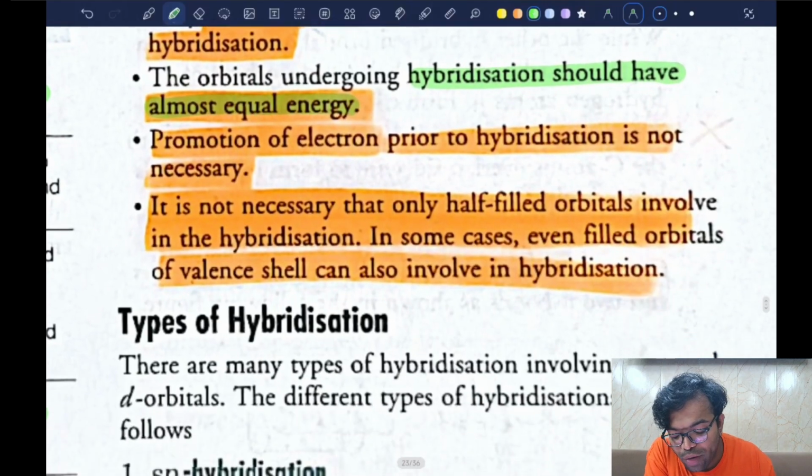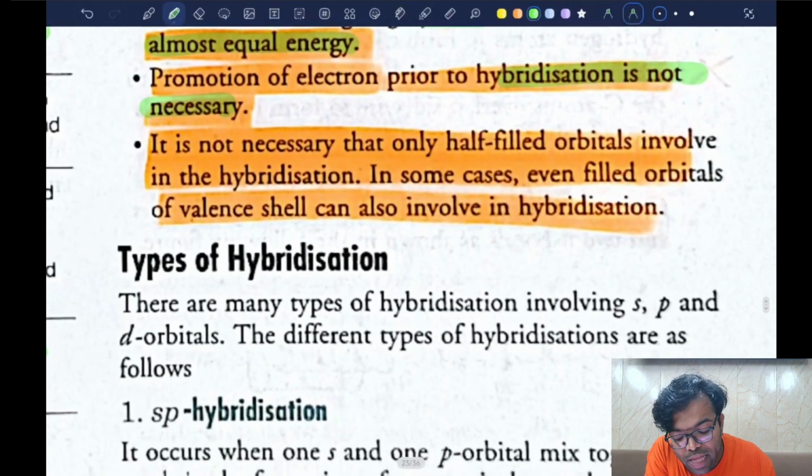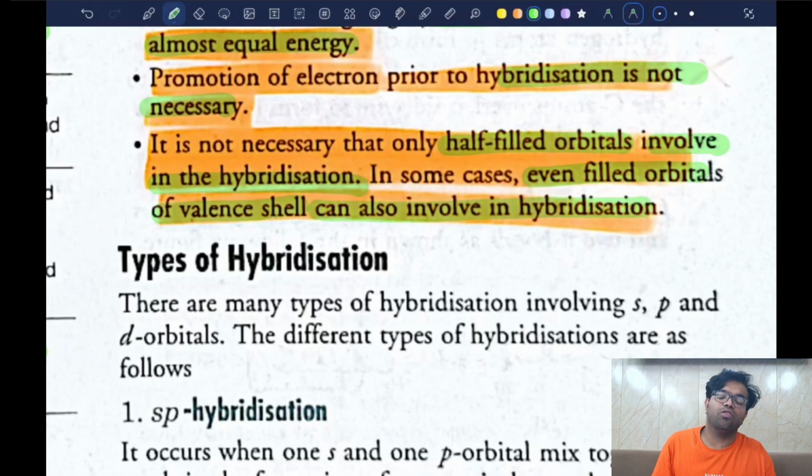The promotion of electrons prior to hybridization is not necessary, and it is not necessary that only half-filled orbitals are involved in the hybridization. In some cases, even filled orbitals of the valence shell can be involved in hybridization. So both partially filled and completely filled orbitals can participate in the hybridization.